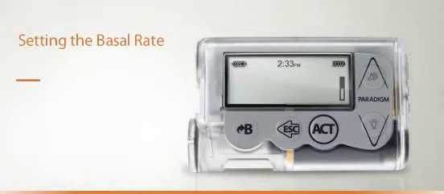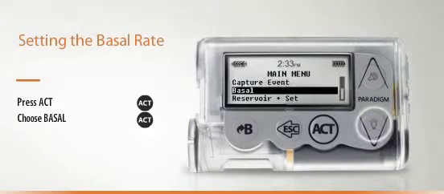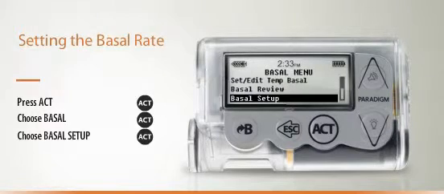To set your basal rates, press the Act button to open the main menu. Scroll down to the Basal menu. Press Act, then scroll down to Basal Setup and press Act again.